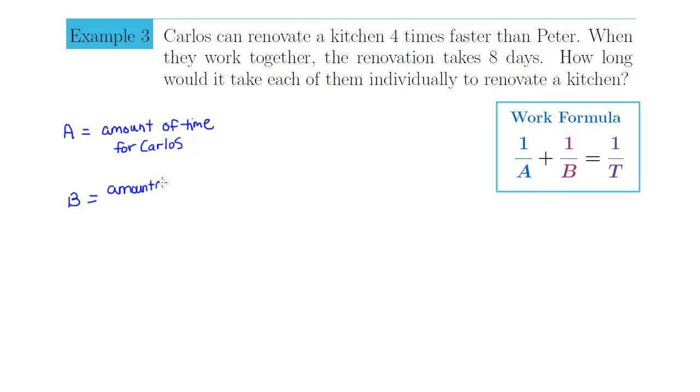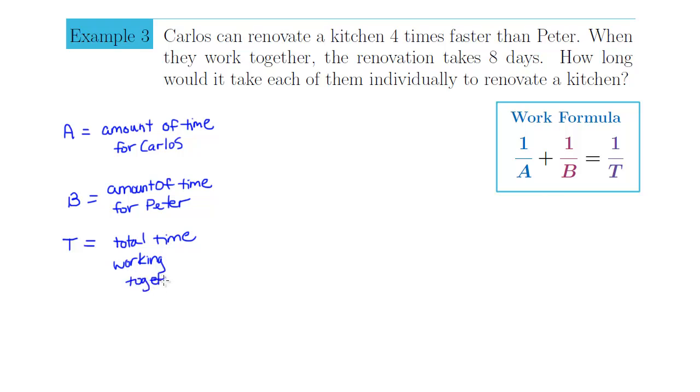So we have amount of time for Peter. T is the total time that it would take if the two worked together. So total time working together. So those are our variables.